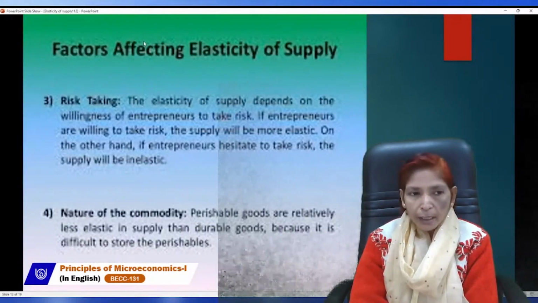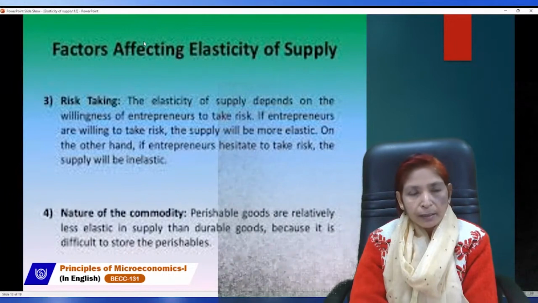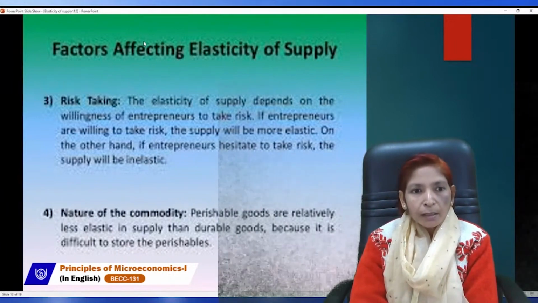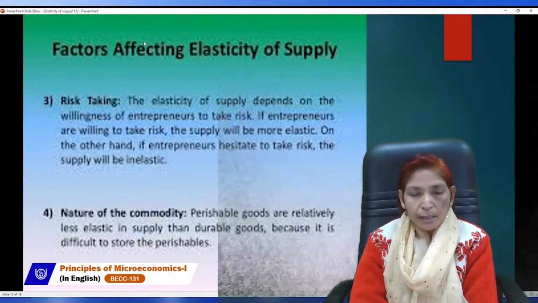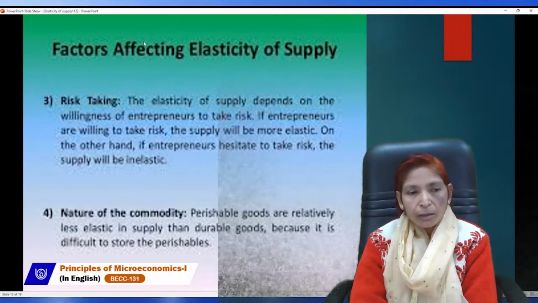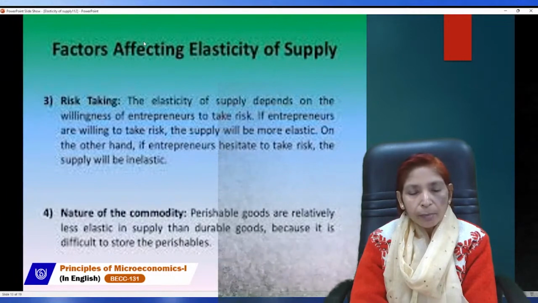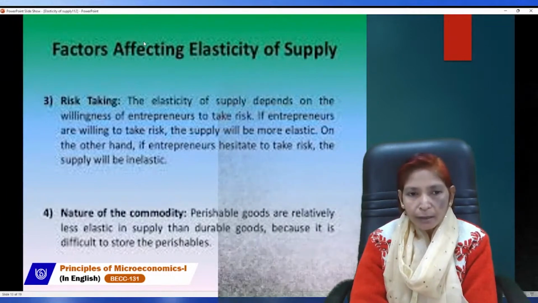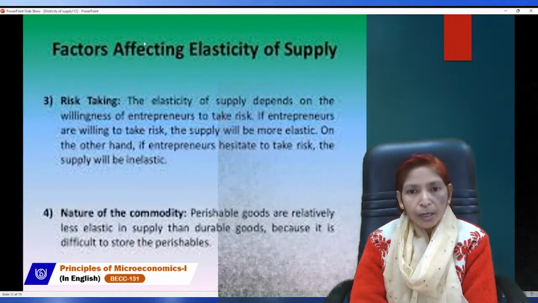Next is risk taking. I have discussed earlier that if the producer is willing to take risk, here it is written that elasticity of supply depends on the willingness of entrepreneurs to take risk. If entrepreneurs are willing to take risk, the supply will be more elastic.